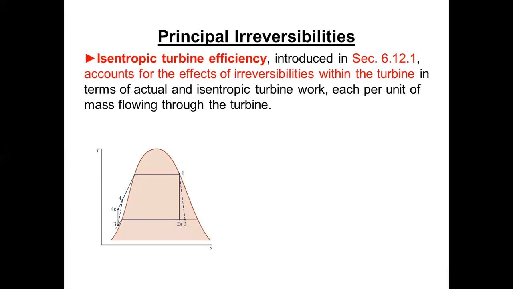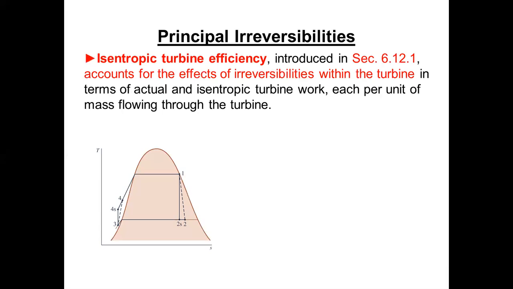Let's say we get 75 kW worth of work out of the real turbine. We get 100 kW worth of work out of the ideal turbine. We take that ratio and it's 0.75 or 75%. So we say the isentropic efficiency of that real turbine is 75% compared to an ideal or perfect turbine.